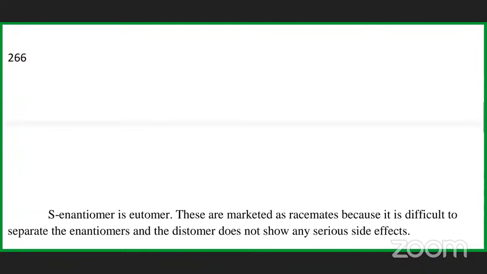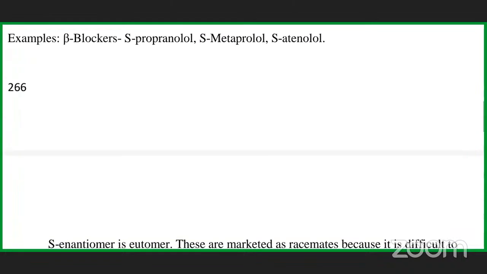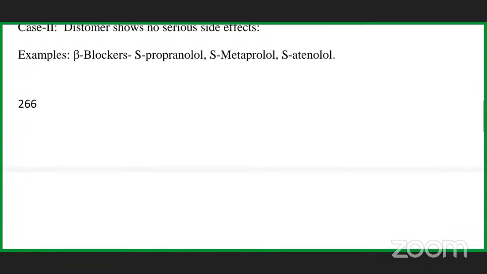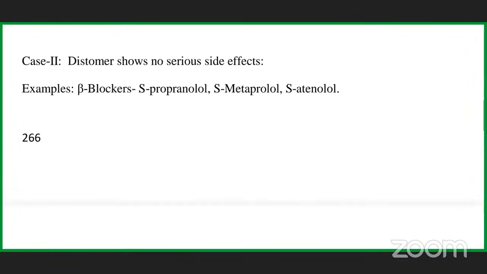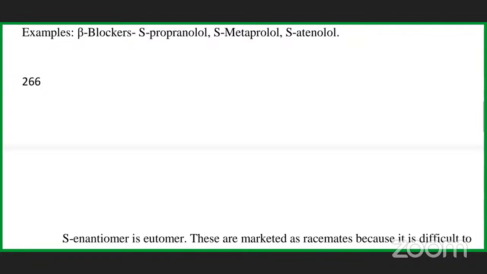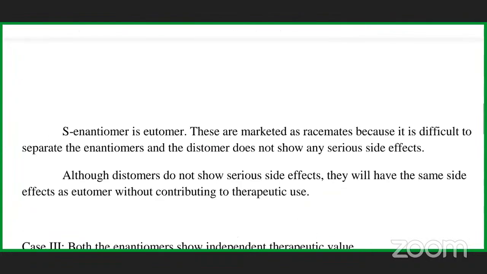So in this case, if you take S-propranolol, S-metoprolol or S-atenolol, in all these drugs the S isomer is a eutomer, meaning the S isomer is a less active or inactive compound, and the R isomer is the active drug here.